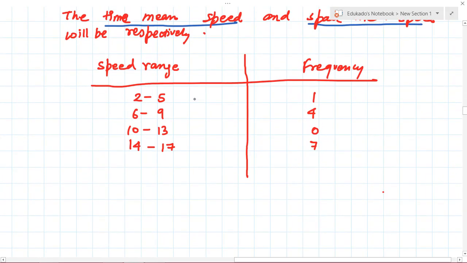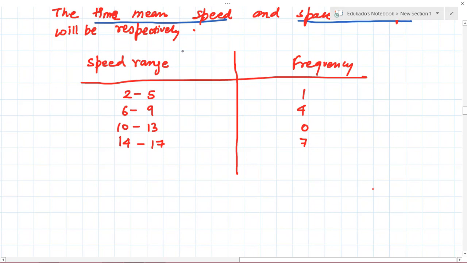Let's find the average values. These are the class ranges. Now we need to find the class marks, the average of these. For the first, 2 plus 5 upon 2 comes out to be 3.5. For 6 plus 9 by 2, it will be 7.5.